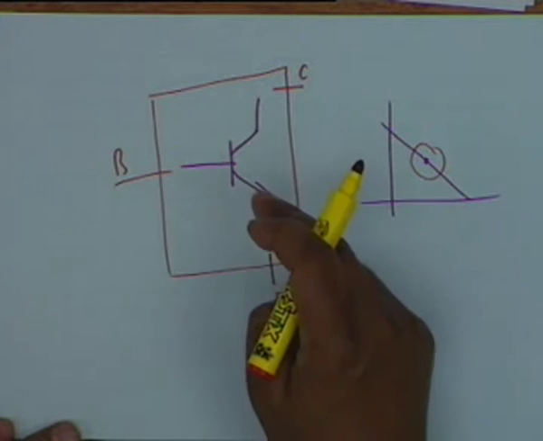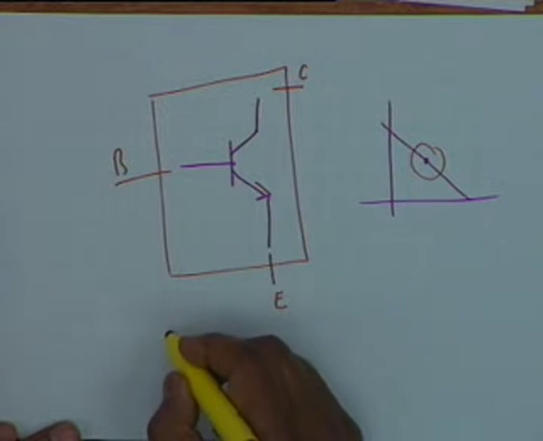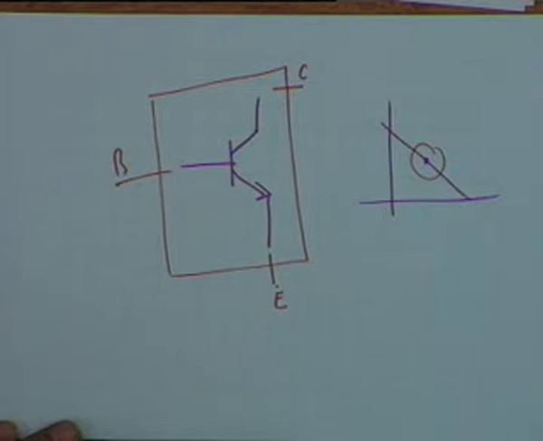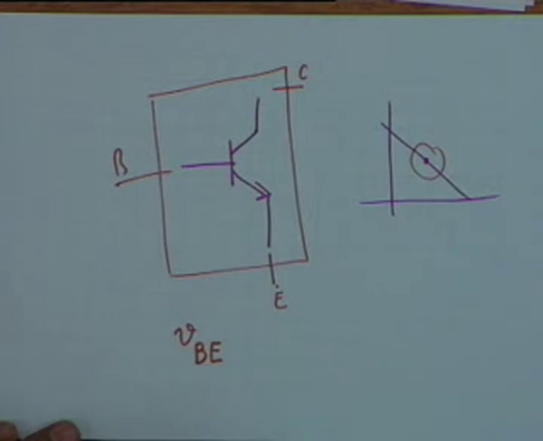This characterization is a small signal characterization. In other words, if we are talking of, let us say, the voltage between this point and this point, then the total voltage is small v subscript capital B capital E. This notation I have explained earlier. Let me repeat.